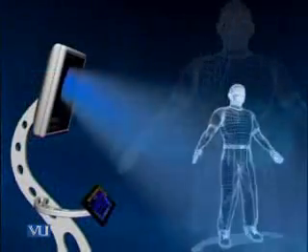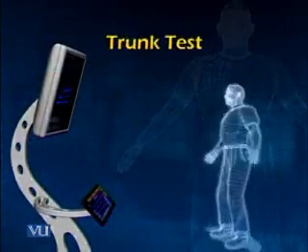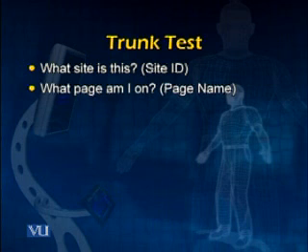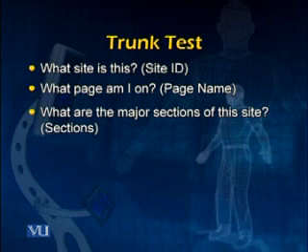So once again, let's take a look at these questions. What site is this? Now this means, is the site ID clearly visible to you? What page am I on? This can be indicated by the page name. Is there a page name? What are the major sections of this site? So are its sections clearly identified?